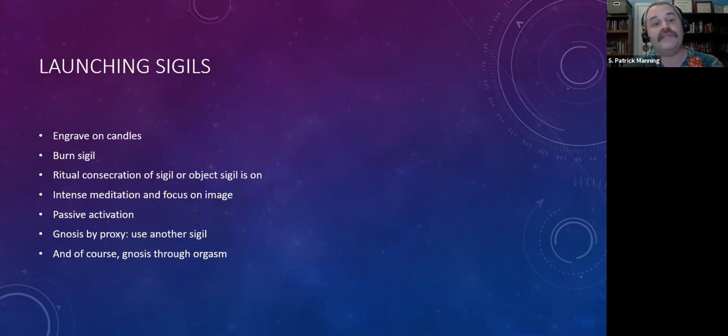Gnosis by proxy is a really fun one, where it's not quite the same as the shoal technique, but basically you do a sigil that is designed to bring about something really unusual that will take your attention to something very strange and bizarre in the present moment, and then using that moment as a moment of gnosis to activate another sigil.